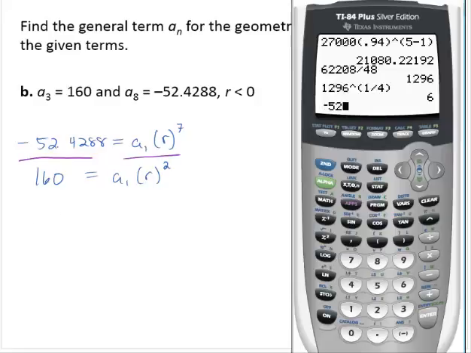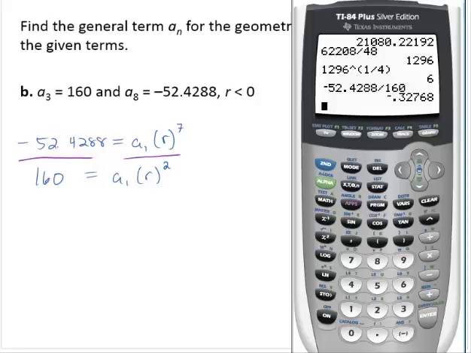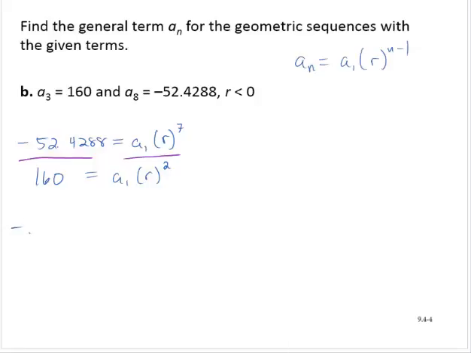Negative 52.4288, divide that by 160, is negative 0.32768. The a sub 1's reduce out, and I'd have r to the 5th. Solving for r by raising both sides to the 1/5 power.